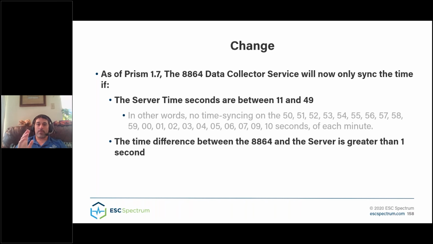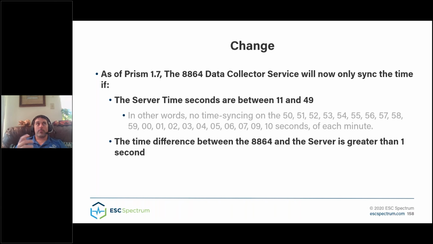Now it will only send time sync commands to the 8864 between the 11th and the 49th second of a minute. In other words, only the 50, 51, 52, 53, all the way to 7, 8, 9, 10. Those seconds, the 8864 could get a time sync command. But if it's near the minute boundary, it won't.